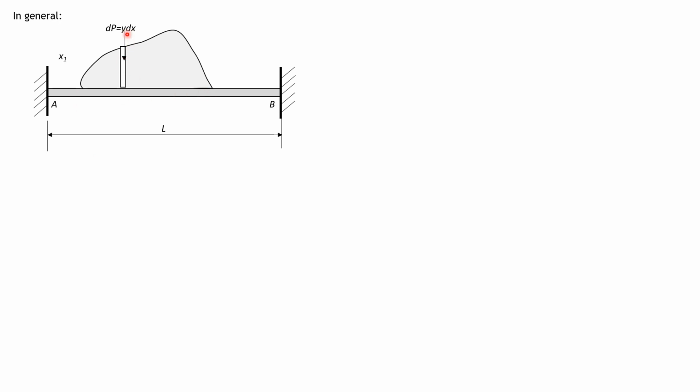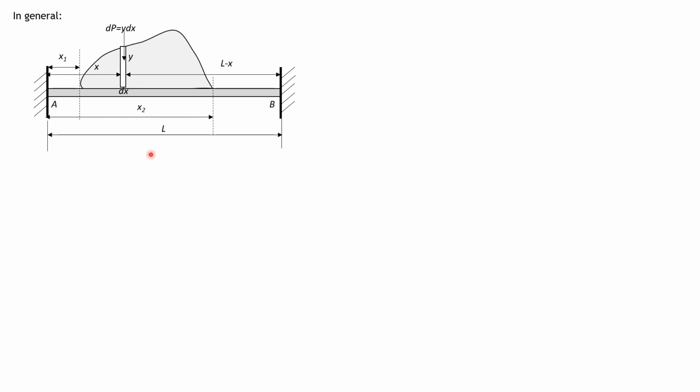The distance of the centroid of the strip from the left end is still a, which is equal to x, and its distance from the right end would be b or L minus x.